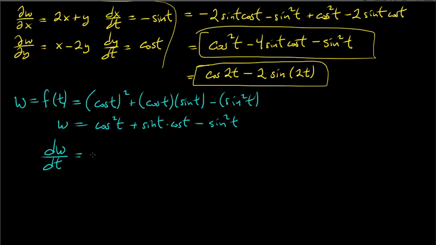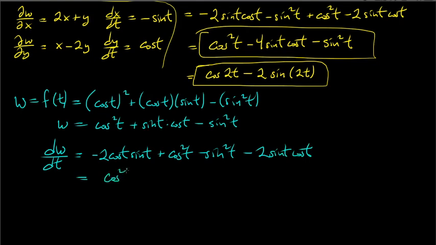So here you're going to get -2 cosine t sine t. And now the product rule, right? Cosine times the derivative of sine, so that's cosine squared, and then minus sine squared, and then -2 sine t cosine t. And so you get the same thing, right?